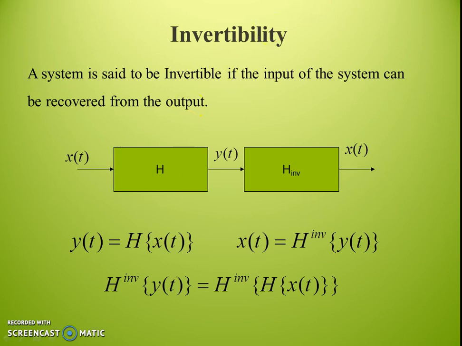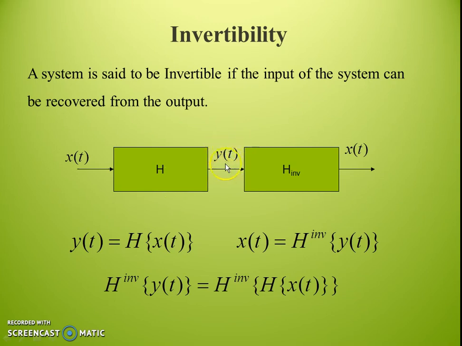Okay, let's try to understand the next concept, invertibility. We say a system is invertible if the input of the system can be recovered from the output itself. If we try to understand over here, the input is x of t. It is fed to a system with a function h, and the output is y of t.